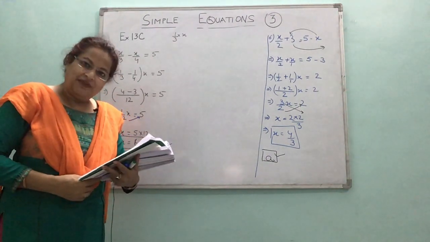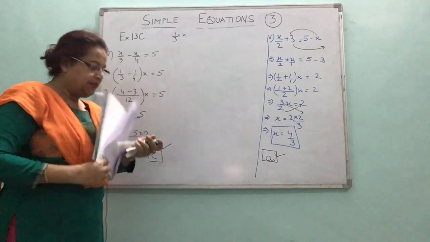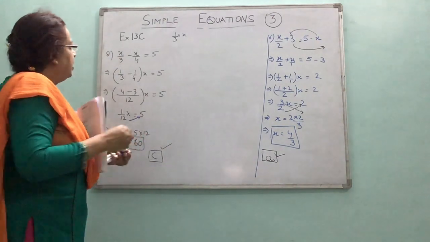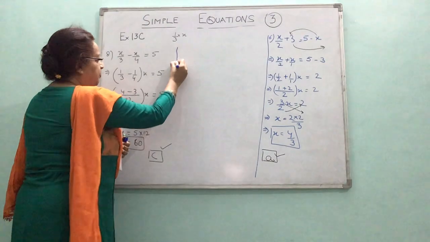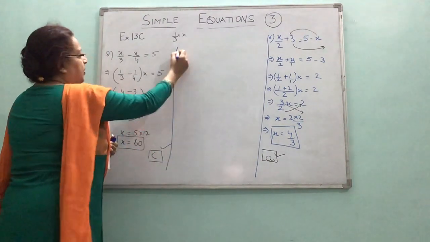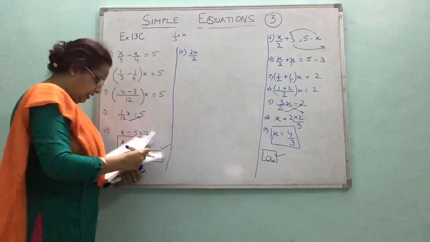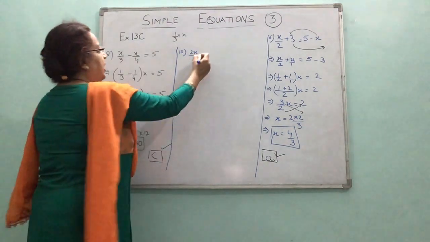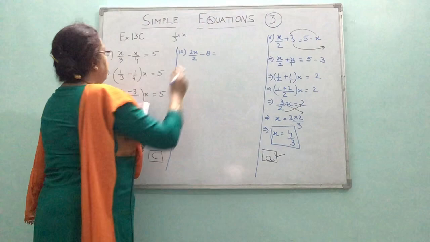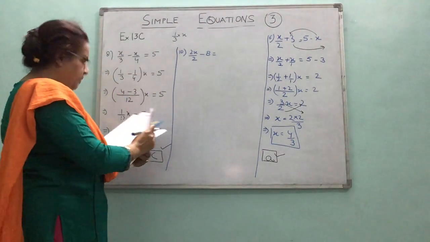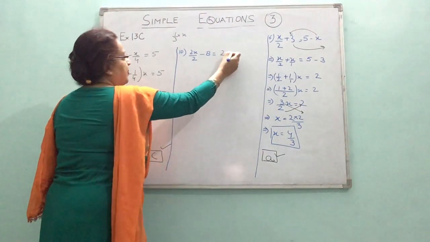Again, it is to find the value of x and it says 2x by 2 minus 8 is equal to 2 minus x.